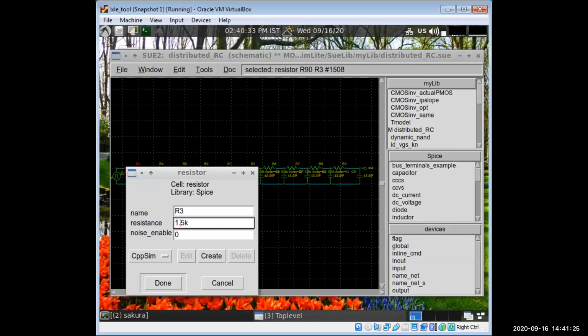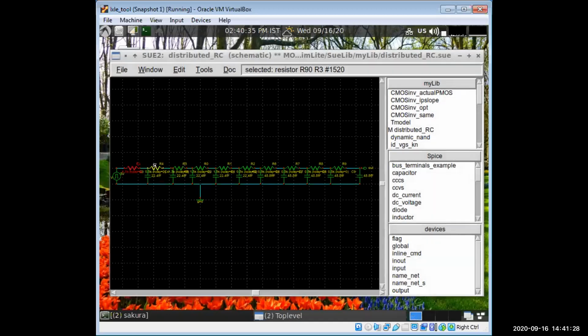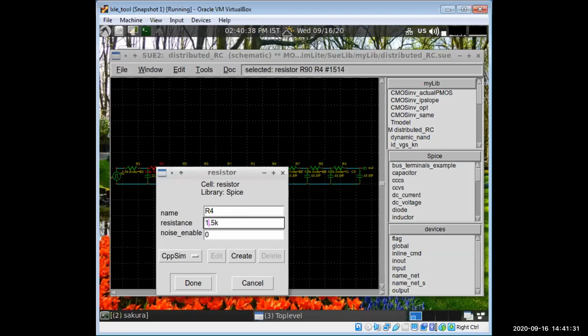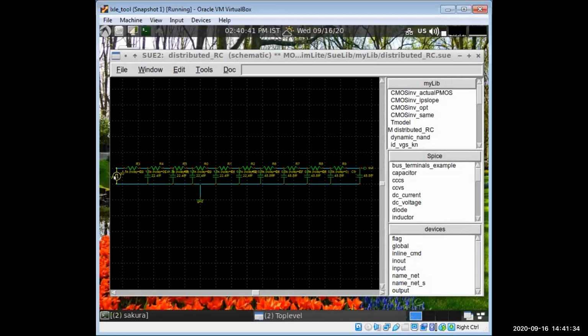Good, very smart. You can take that right side and you have to put another resistor.